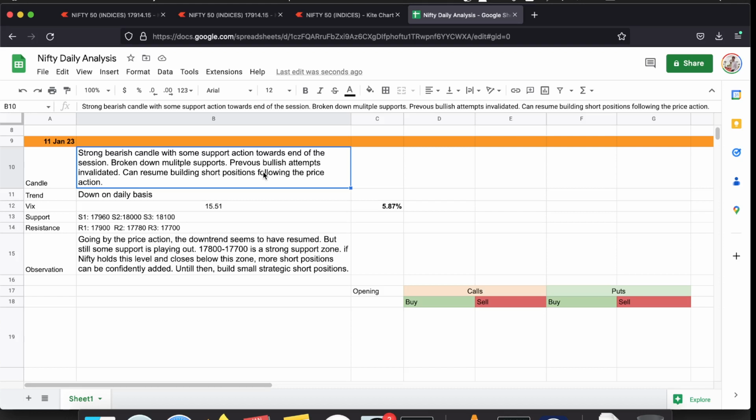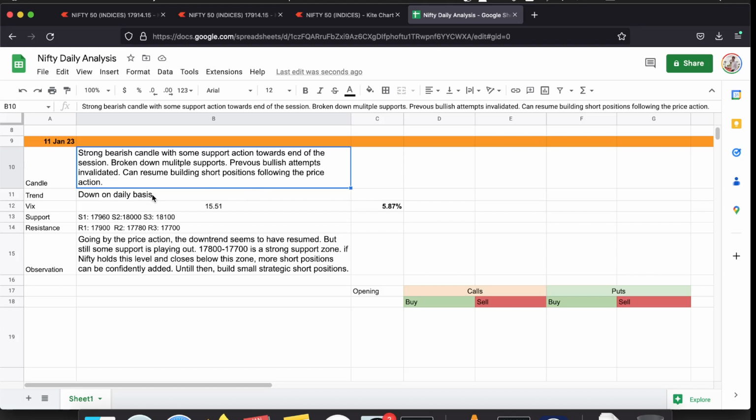So now, since the previous trend is bearish, we can resume building short positions, I mean, strategic short positions. If tomorrow Nifty opens near a good resistance, then it's a good opportunity to build a short position. So the short position should be built following the price action.